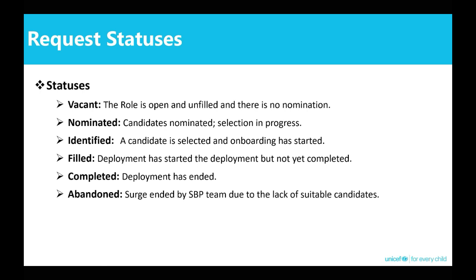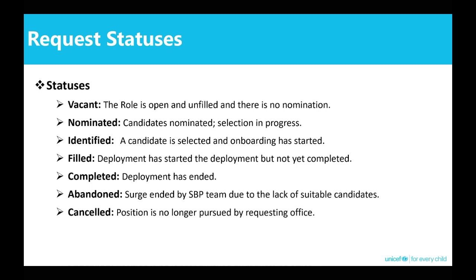In addition to these statuses that reflect the natural progression of a request, there are two other statuses that indicate the search process is stopped by the requesting office. The first is cancelled. The cancelled status means that the requesting office has decided not to proceed with the request any longer, and the request has been withdrawn. There can be many reasons for this. Sometimes the emergency situation changes, or the requesting office may find a candidate through another channel.